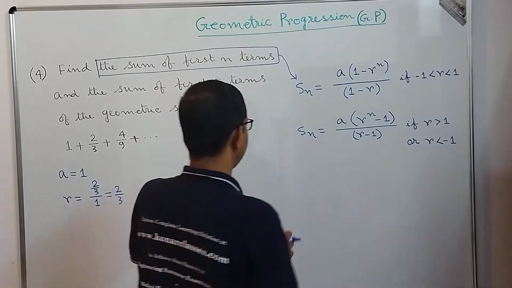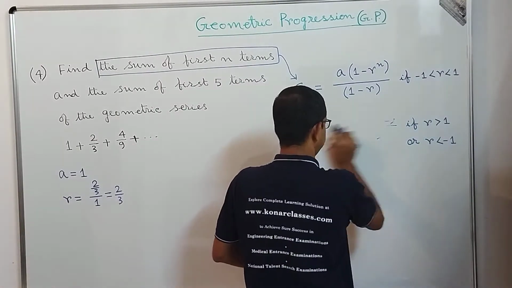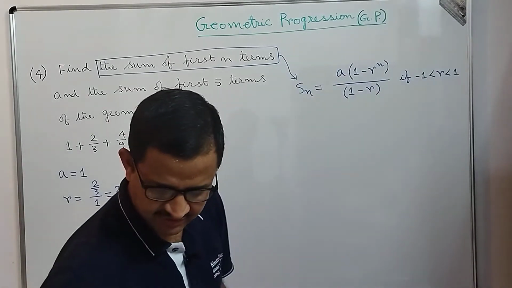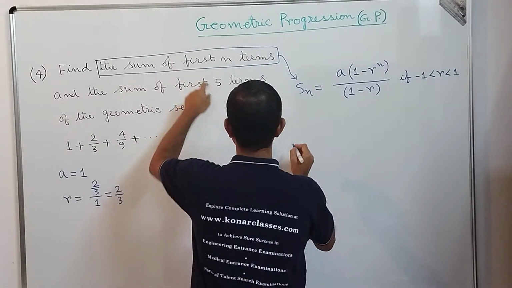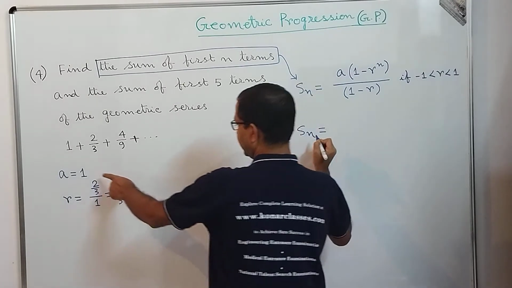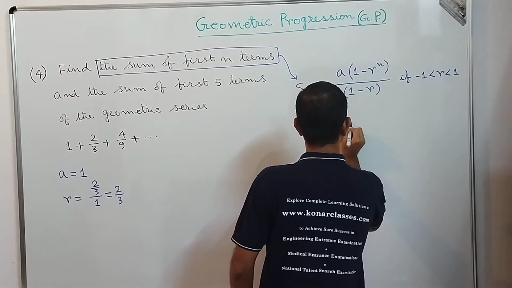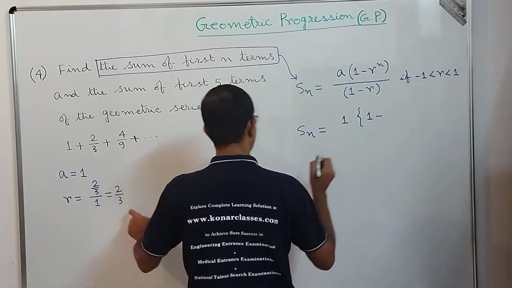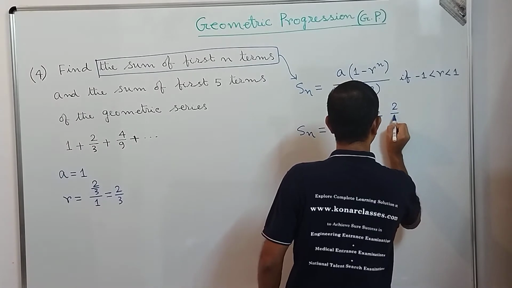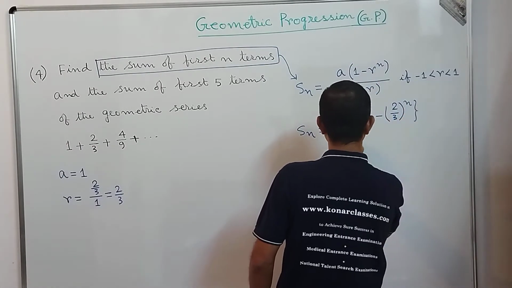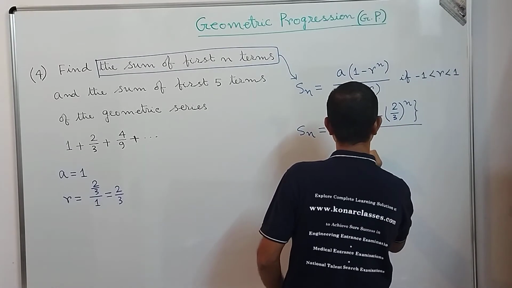Okay, so let me clean this. So what we get, dear students, is the sum of the first n terms. Sn is equal to A, which is 1, into 1 minus r to the power n, where r is 2 by 3, so 2 by 3 to the power n, divided by 1 minus r.